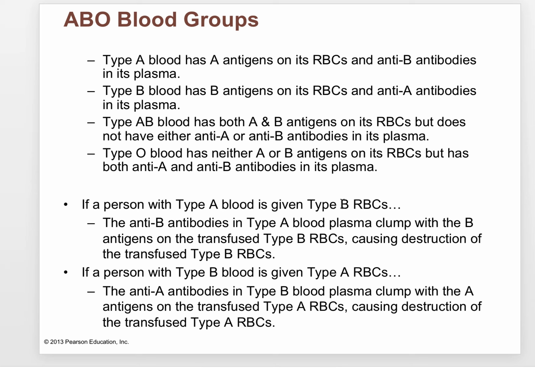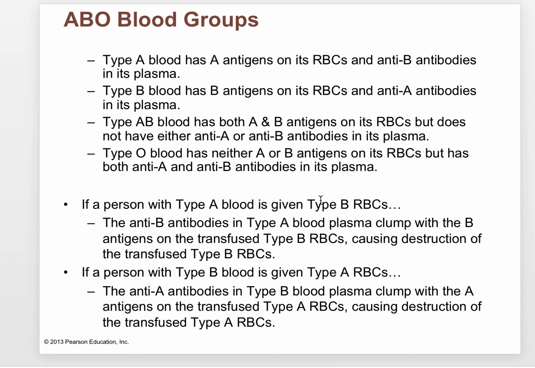These anti-A antibodies in the transfused blood are going to interact with the antigen A in your own blood. Or if you're just given red blood cells without the plasma, then your own anti-B antibodies are going to interact with the type B antigen of the transfused red blood cells.